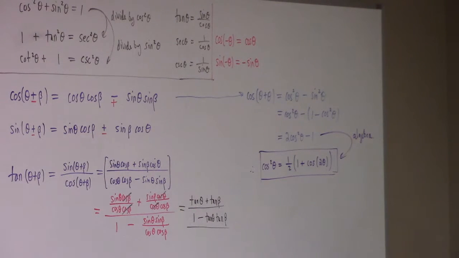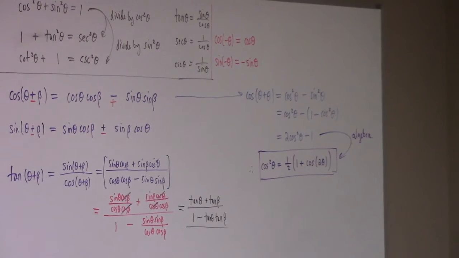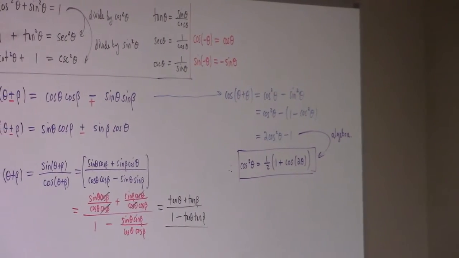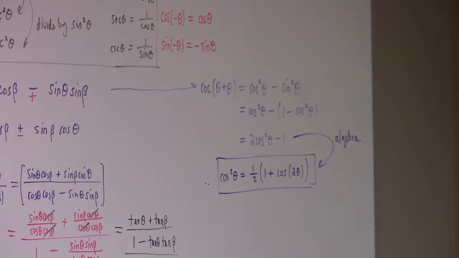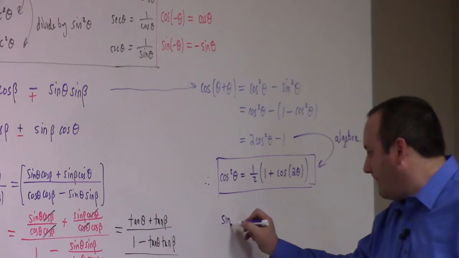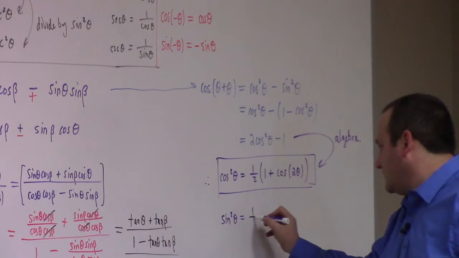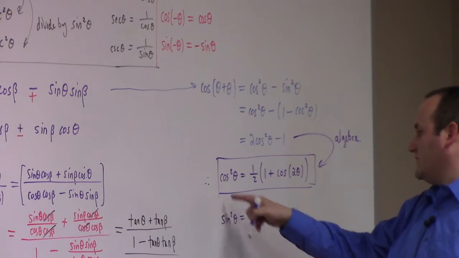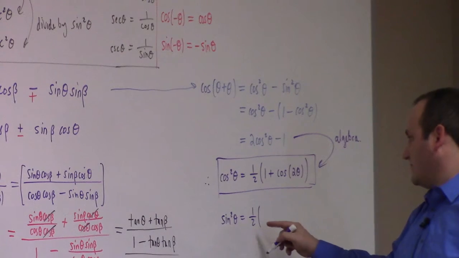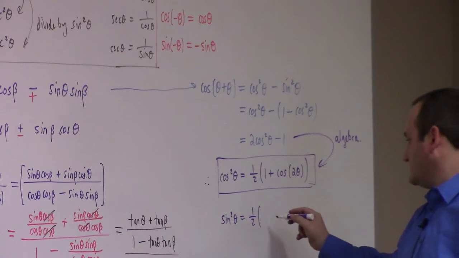Algebra. Now, think about this. We know sine squared plus cosine squared is 1, right? So what does the identity for sine squared theta have to be? You can change cosine squared theta to what? 1 minus sine squared, right? And you can derive this.